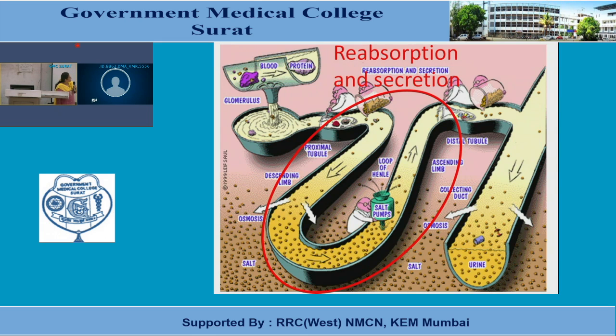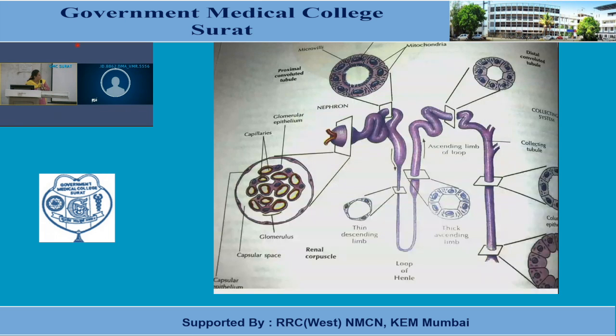Ultimately urine formation occurs. Either you require a dilute urine or a concentrated urine. It depends on the osmolality in the plasma and also the solute load in different conditions which appear in the body. So these are the different parts of the nephrons.